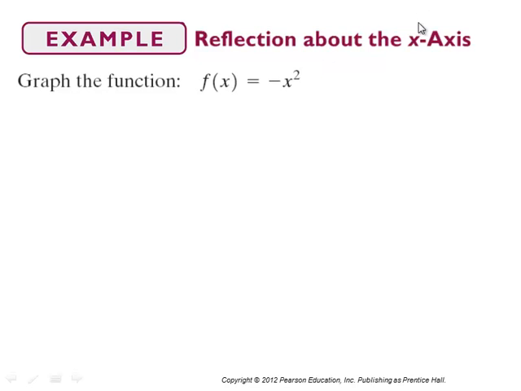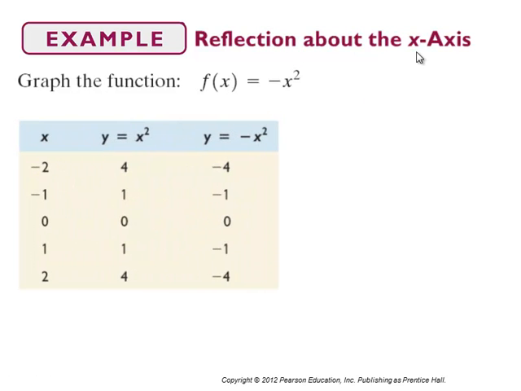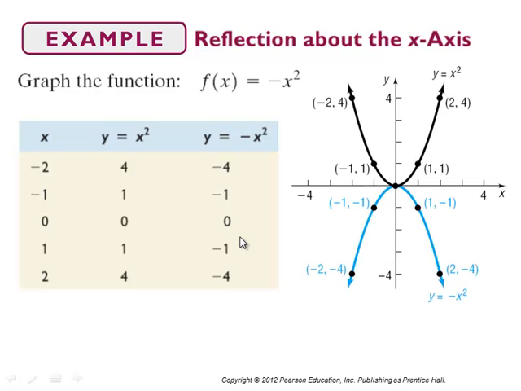And the answer is it reflects the graph about the x-axis. And you could see that by coming up with a table of ordered pairs for the regular function as well as the negative of the function, and then graphing those two functions.